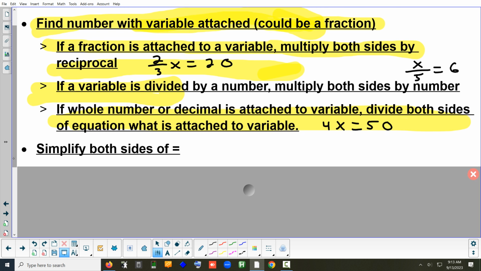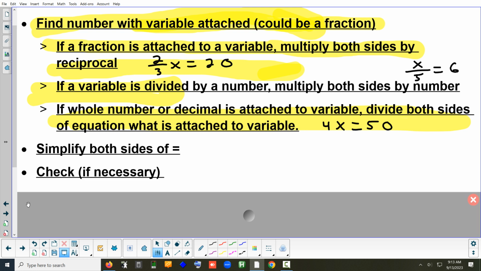And you can use your calculator if you need to. And the last thing we always do, well, we do it if they ask us to, is we check our answer. As I told you, we're not going to necessarily check every single problem we do all year, but at first, just to practice a little bit, we'll check some of them.